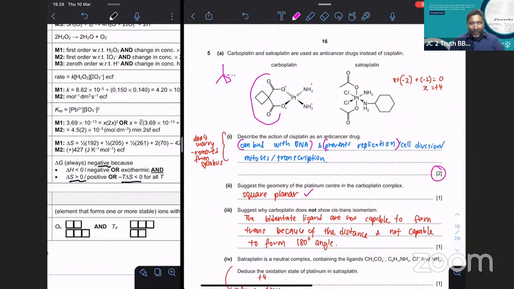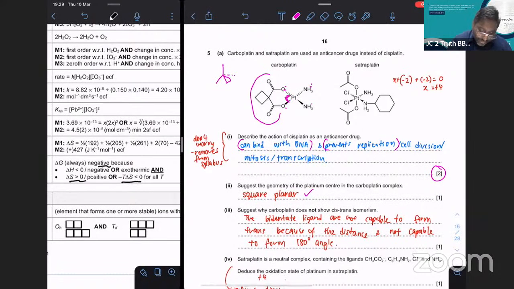It is quite difficult to bring this O over here. One is the distance, the ligand cannot cover that distance. Second, they are not able to form that bond angle, they cannot form the 180. They can only form a bond angle of 90 degrees.